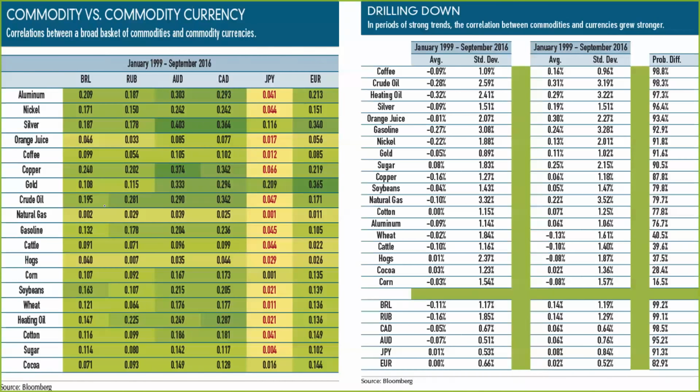Which is the stronger of these two correlations? Let's go with copper. Copper to the Australian dollar, or orange juice to the Japanese yen. Which one's stronger?